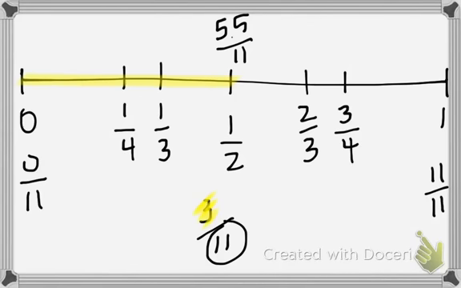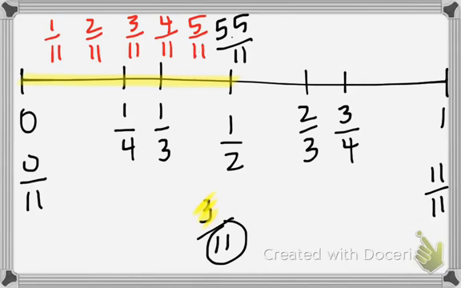So now I'm going to start doing some comparisons and thinking about the numbers that will work in there. I know that I need to be able to fit 1/11, and 2/11, and 3/11, and 4/11, and 5/11 over here on this part of the number line. So I need to start comparing. 3/11, I'm going to see if it's bigger or smaller than 1/4.